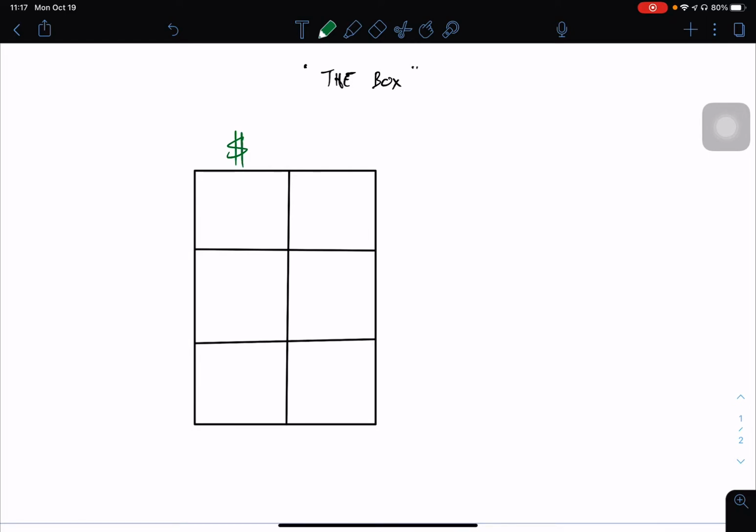Money is always one column, percentage is the other. As I was saying, it doesn't matter whether the money is on the left or the right. It's going to fall into place because this ends up being a proportion.